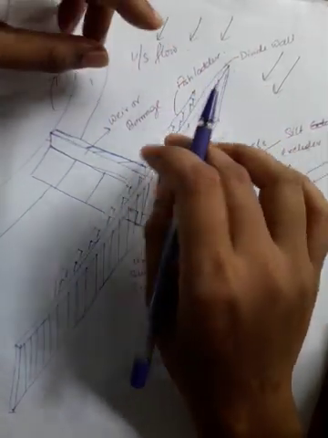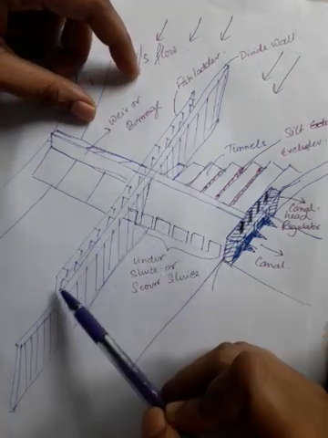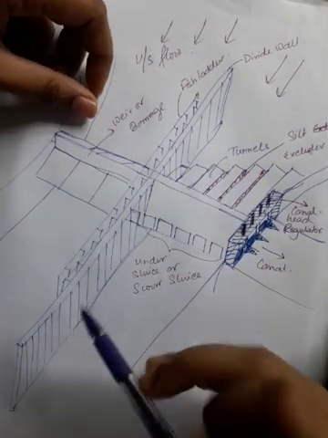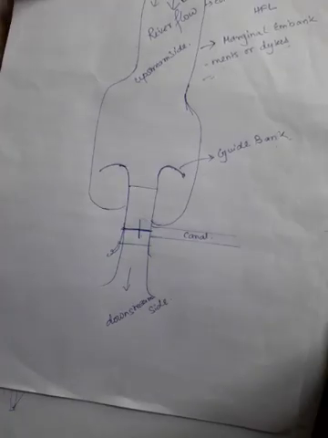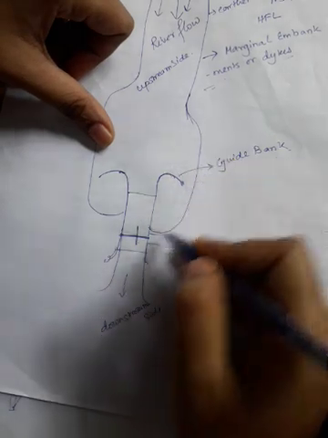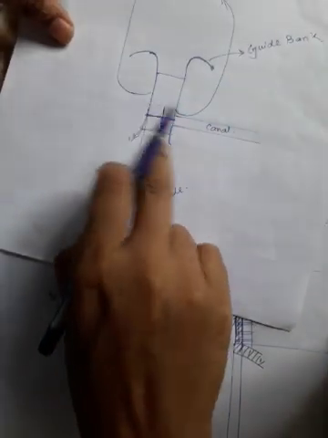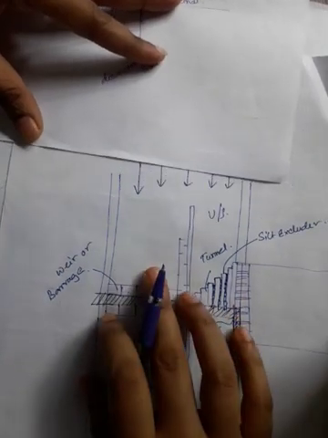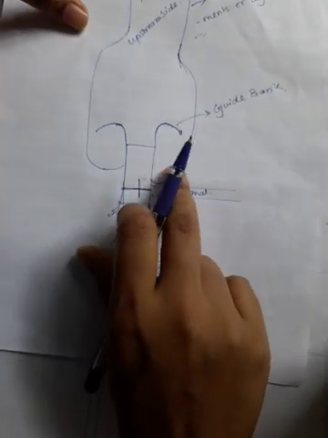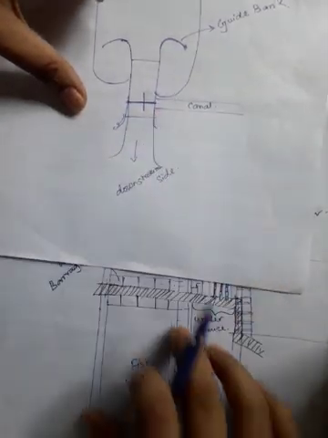The width, length and height of the fish ladder depend on the nature of the river and the type of weir and barrage provided. So, this is a marginal embankment or dike. This portion is extended to this portion. I actually forgot to draw this line near the canal.